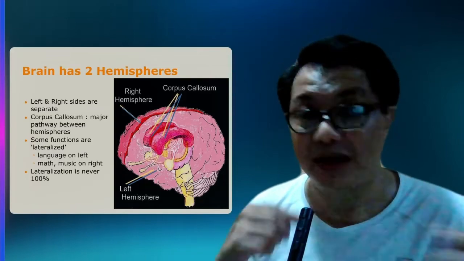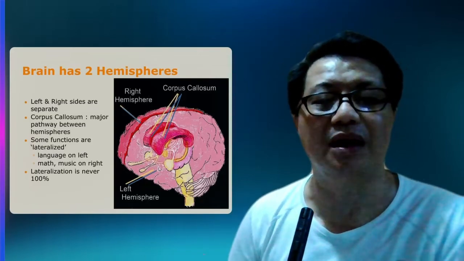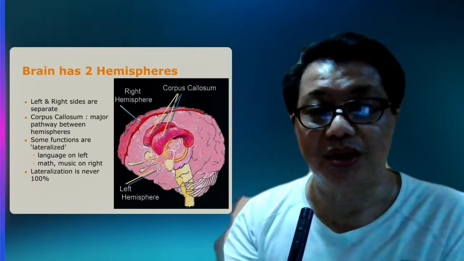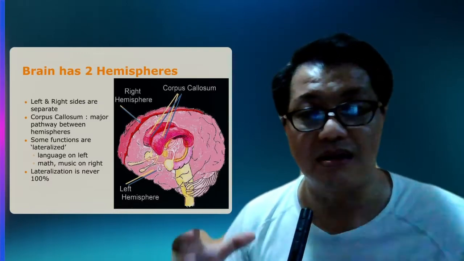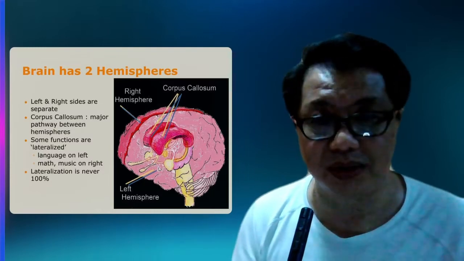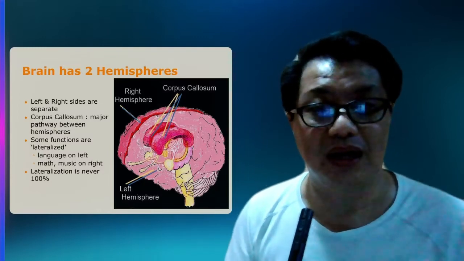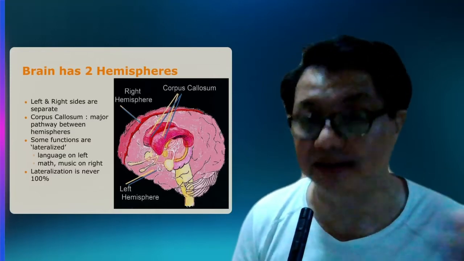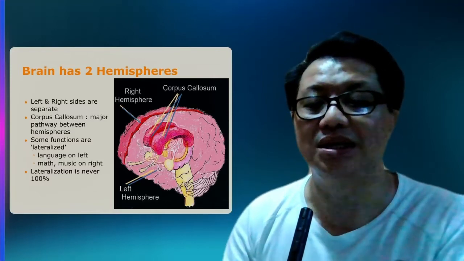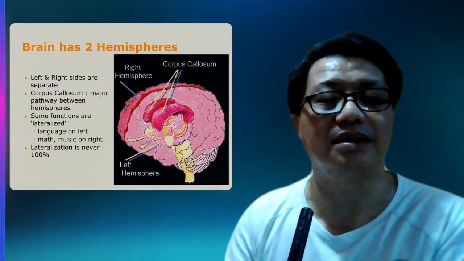So may debate holding back, in the sense that some new evidence suggests na hindi siya ganong ka-separate, but they are in fact a harmonious working together na hindi siya pwedeng mag-exist o mag-function lang ng isang side lang. Okay, that's the whole gist of that development.